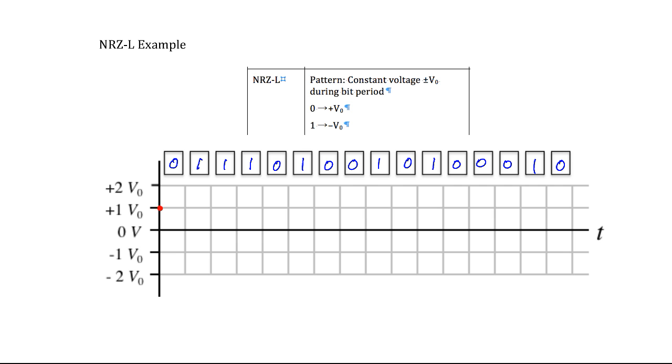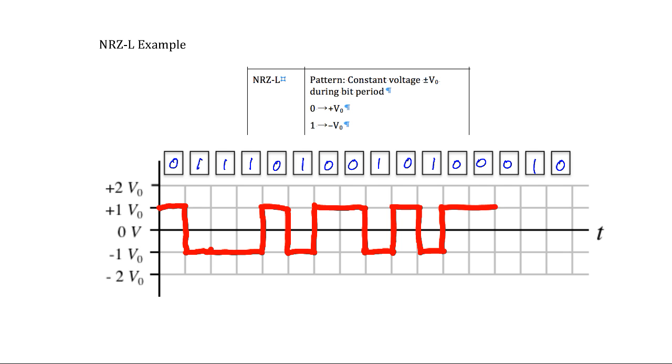A 0 gives a positive voltage and a 1 gives a negative voltage. So I got 3 1s in a row, a 0, a 1, 2 zeros, another 1, 0, 1, 3 zeros, a 1, and a 0. So this is almost as simple as NRZ, and this is NRZL. Okay.